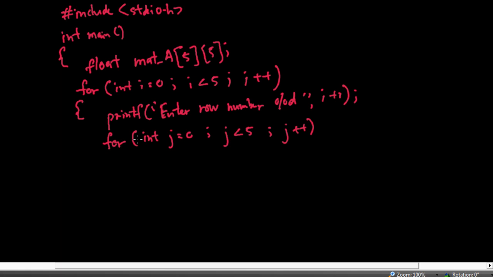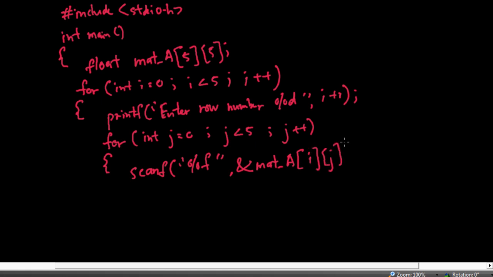Okay, in the for in here it's scanf("%f", comma, then you're going to put it into matA[i][j].